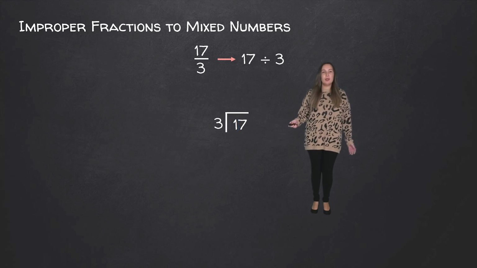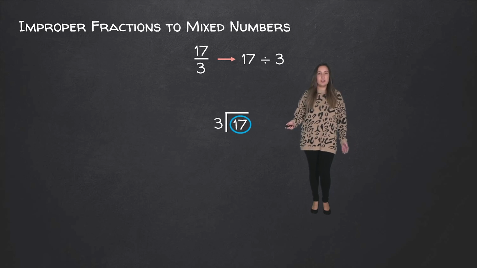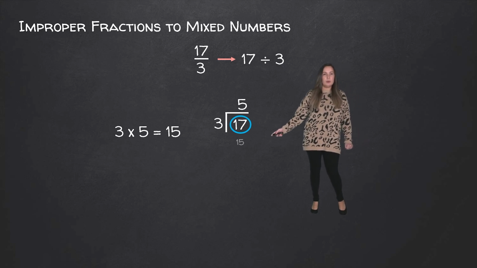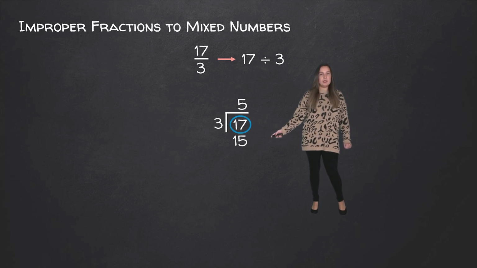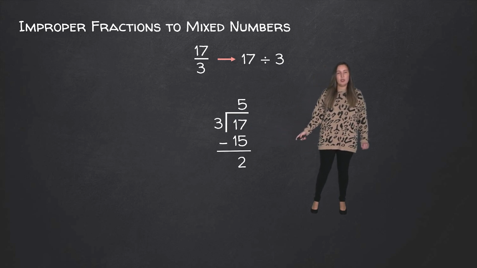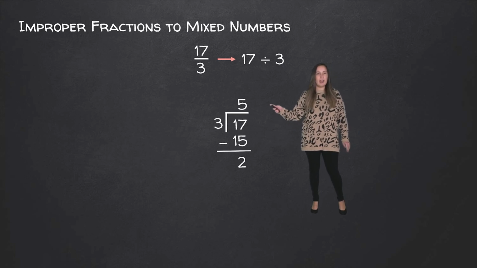So then we ask ourselves, how many times could 3 go into 17? And 3 goes into 17 5 whole times because 3 times 5 is equal to 15. So we write the 15 here, and then we subtract these two numbers. 17 minus 15 is equal to 2. So 3 goes into 17 5 whole times with a remainder of 2.